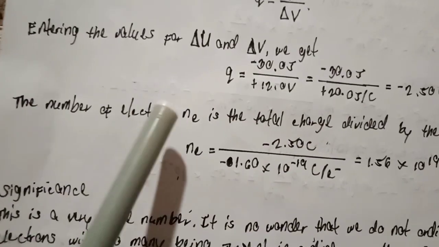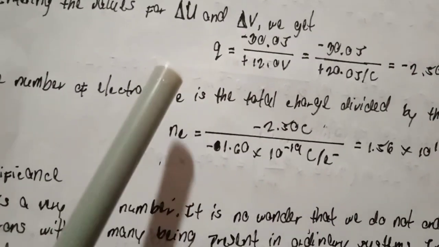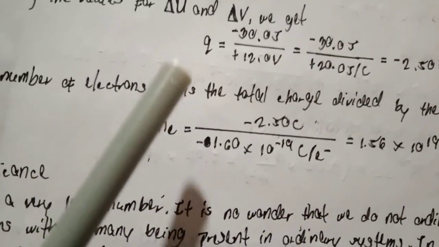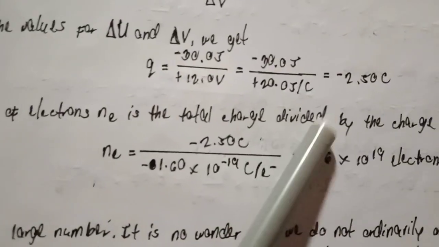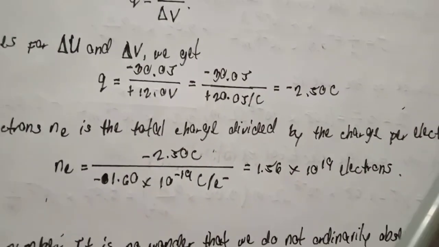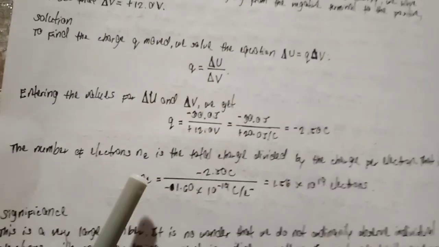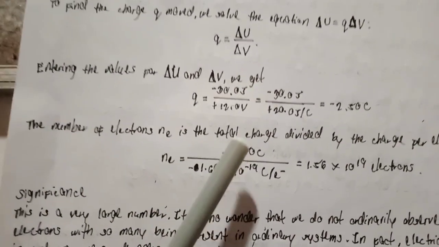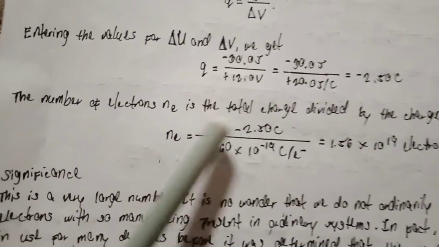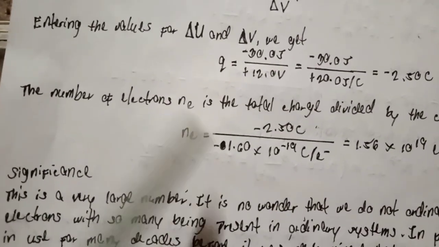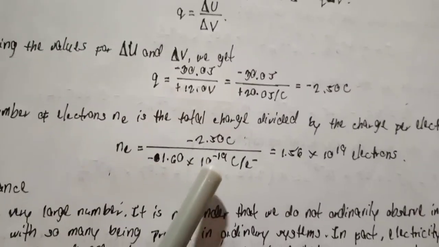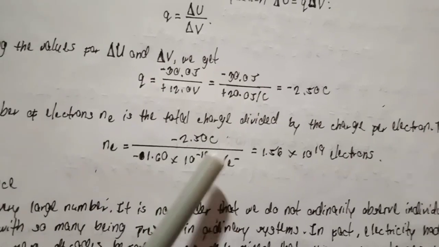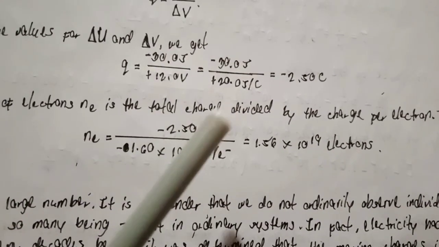The number of electrons, N sub e, is the total charge divided by the charge per electron. That is, N sub e is equal to negative 2.50 coulombs over negative 1.60 times 10 raised to the power of negative 19 coulombs per electron.